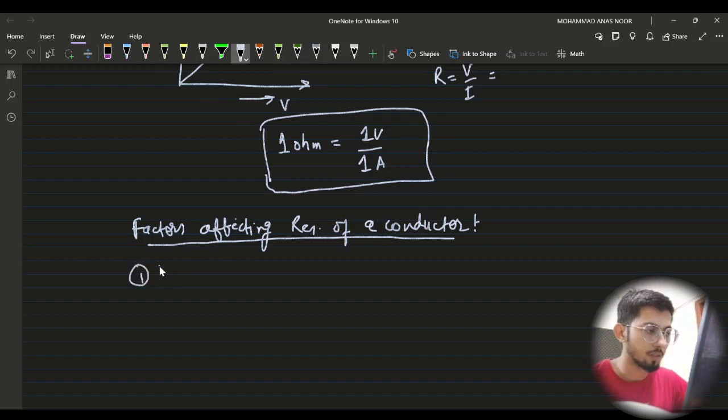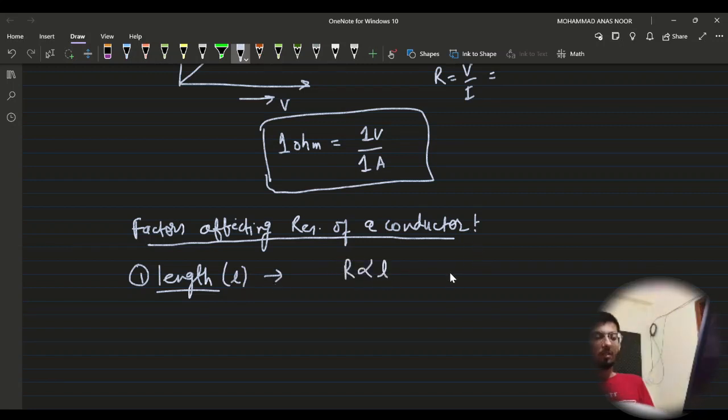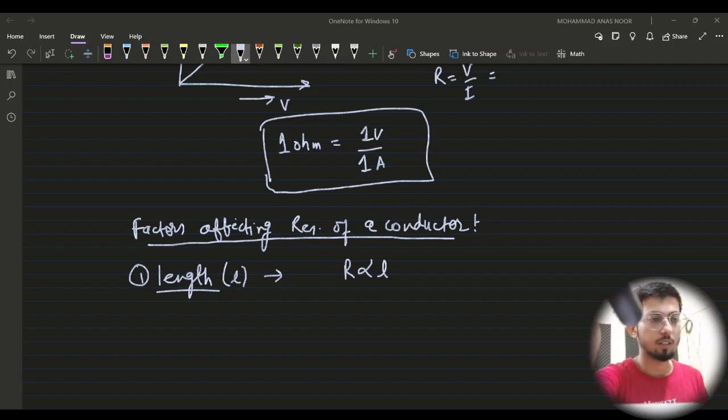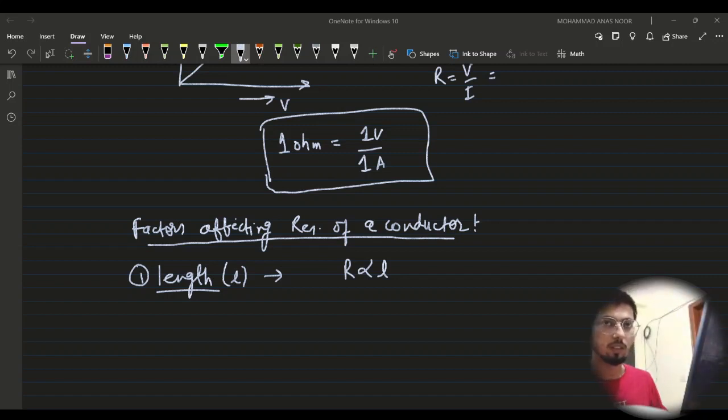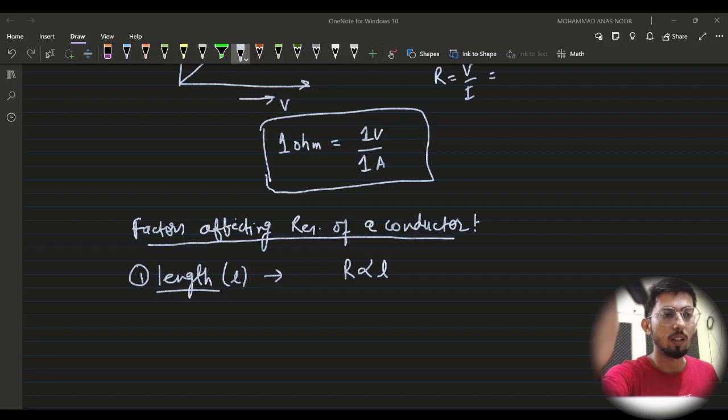First one is the length of a conductor, which is L. So the resistance of a conductor is directly proportional to the length. A conductor of a small length will have a low resistance, while a conductor with a large length will have a larger resistance.